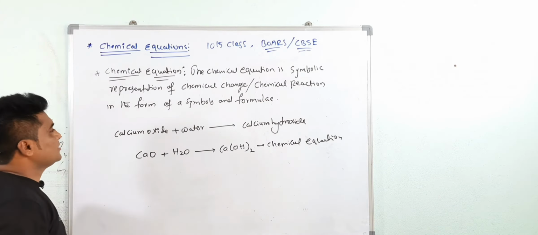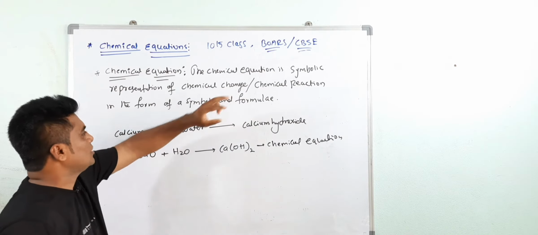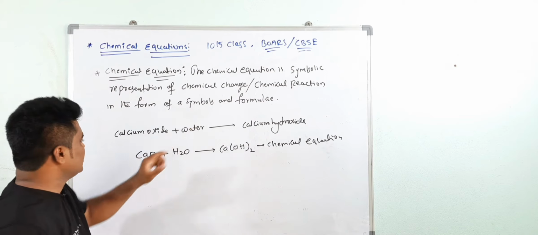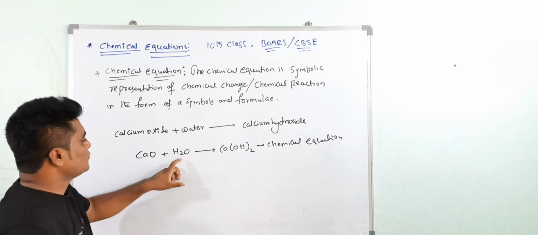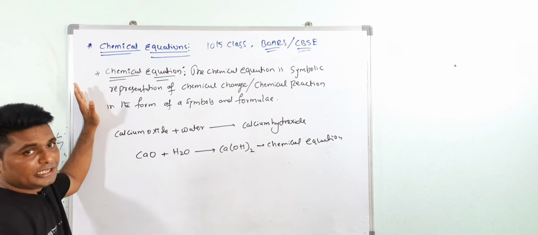Okay, so what is the chemical equation? It is a symbolic representation of chemical change or chemical reaction in the form of symbols and formulas, like calcium oxide is a symbol and CaO is a formula. Understood? So this is the chemical equation.